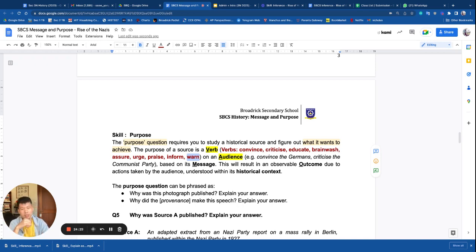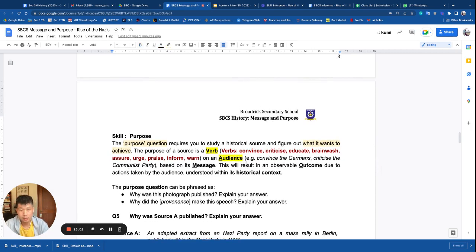And Goebbels here, he might be convincing, he might also be brainwashing the German people. So there's a whole panoply of verbs that you could use in your arsenal. But let us start with the easy ones. Convince is going to be very common. But write down these verbs anyway, so that when you are doing practices, you can select the ones that you want to use. And that's the time to really practice free range and think about why am I using this verb, for what reason.